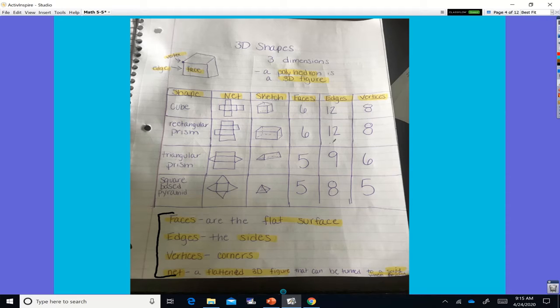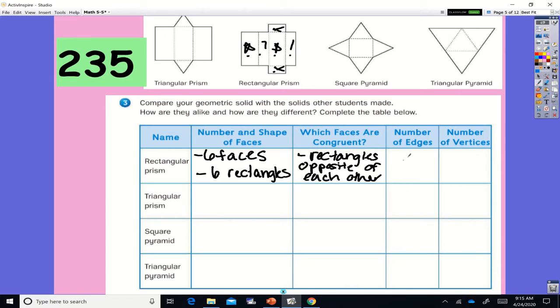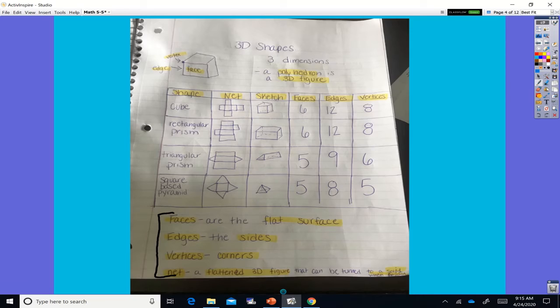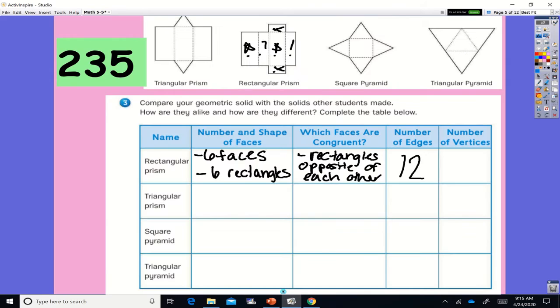That's how we get 12 edges. So I'm going to go back here and I'm going to write 12. Now our vertices, same thing. That sketch really helps me. So I look here, I count 1, 2, 3, 4, 5, 6, 7, 8. Each corner, when folded up, gives us 8 vertices.